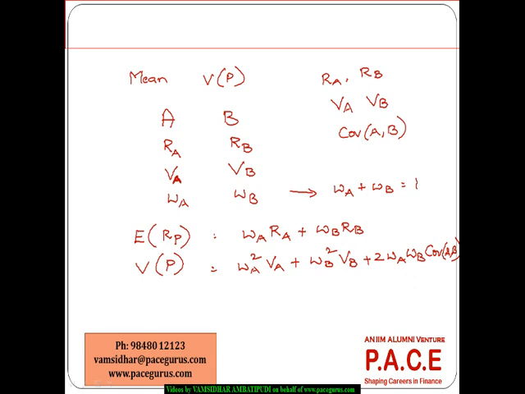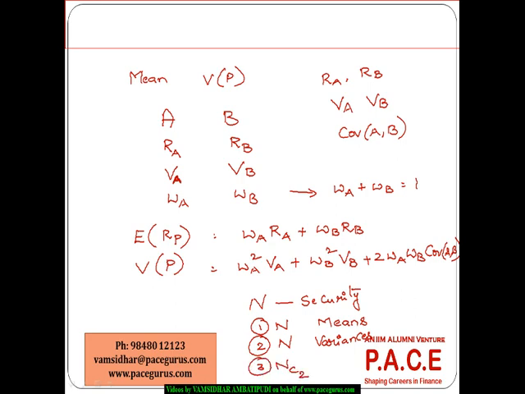So in short, if I have to find out the mean as well as the variance of the portfolio, if there are n securities in the portfolio, all I require is n different means, which are the means of each of the securities, n different variances, which are the variances of each of the securities, and pairwise covariances between each.